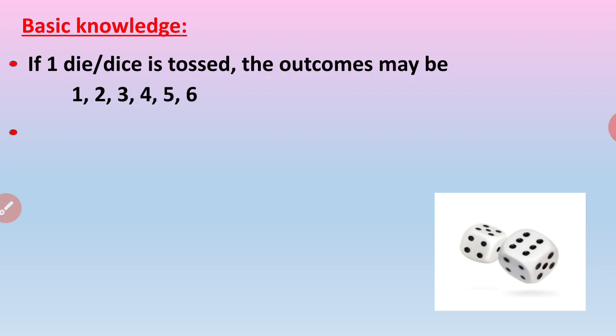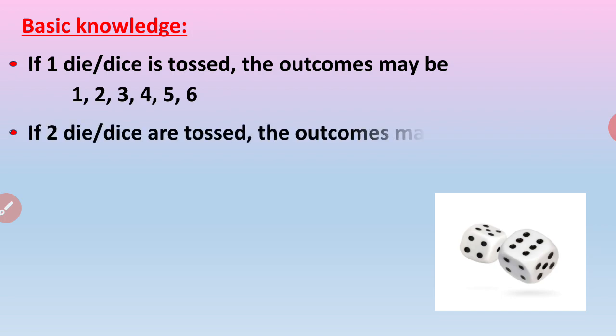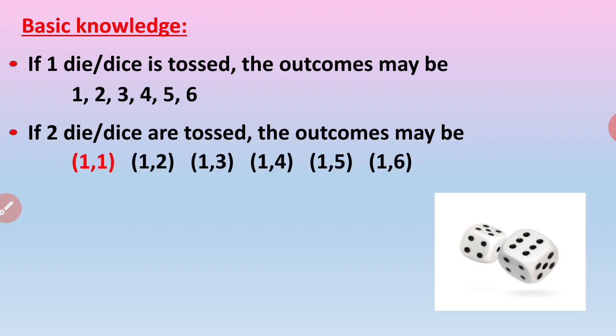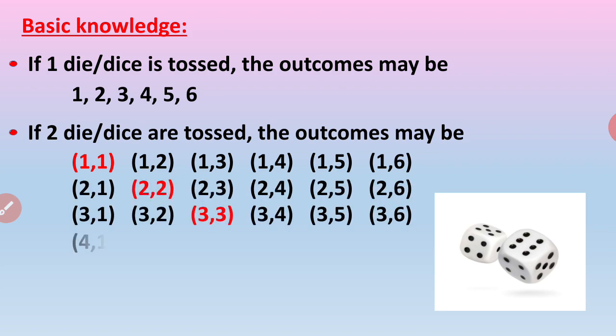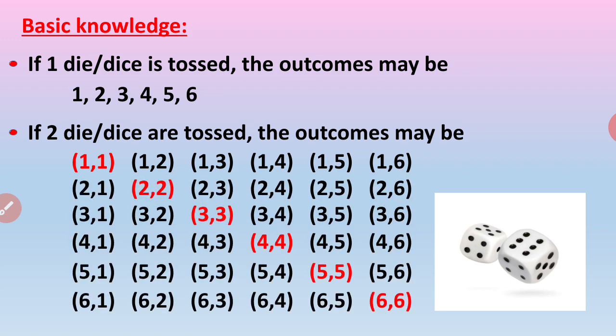These are the numbers which are imprinted on it, so you may get any of the numbers. When 2 dice are tossed, you can see the outcomes over there. Out of these, any of the numbers may appear. In all, there are 36 outcomes.